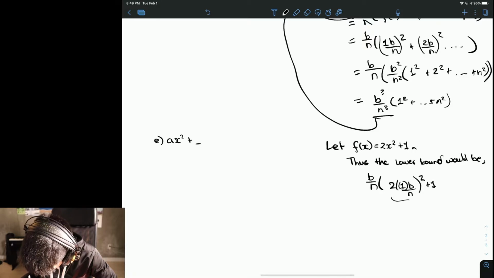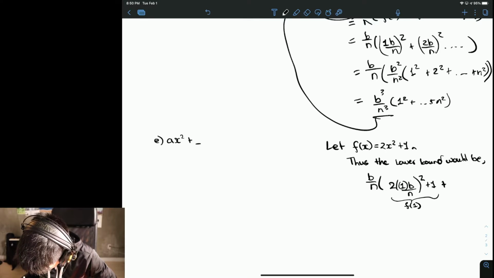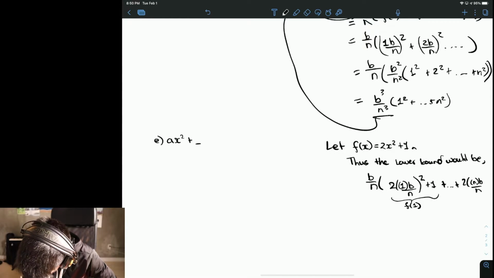This is f of 1, and then plus 2 by, and we know that it continues, and then 2 by n by b over n squared plus 1 over there.